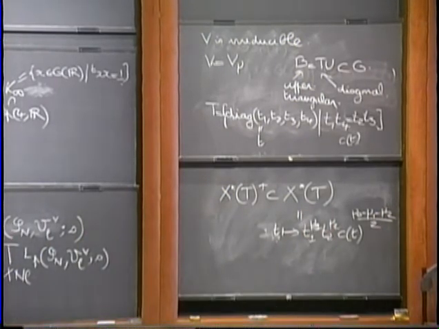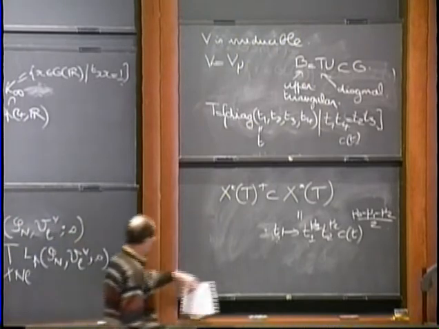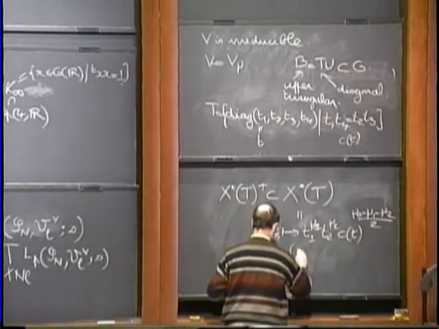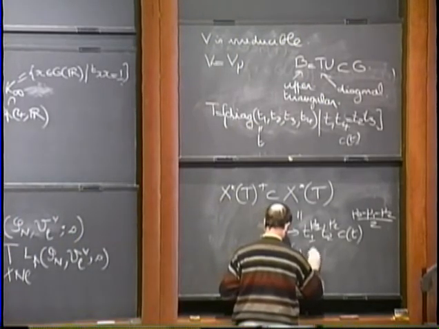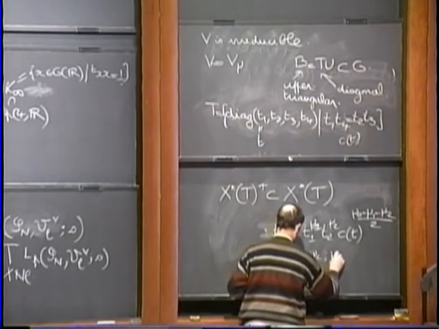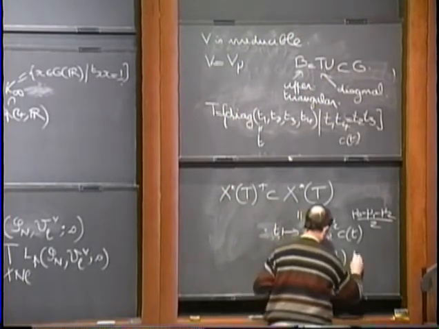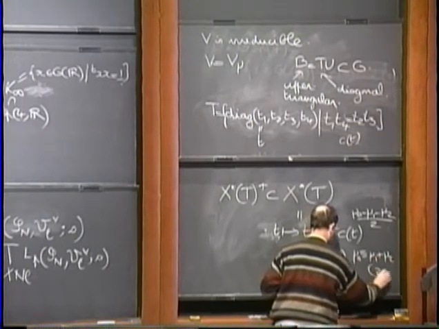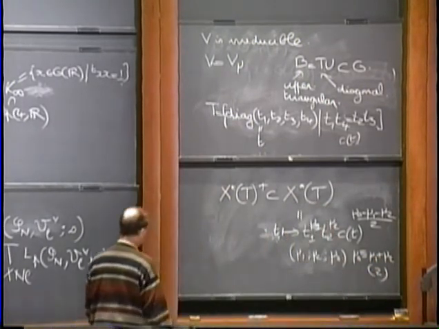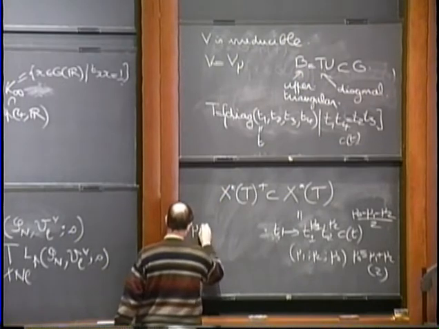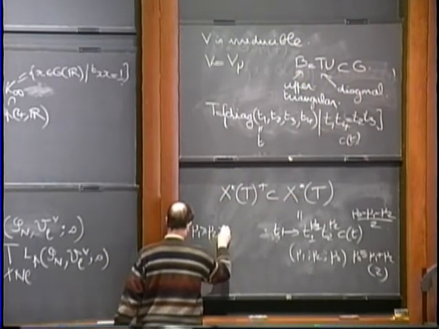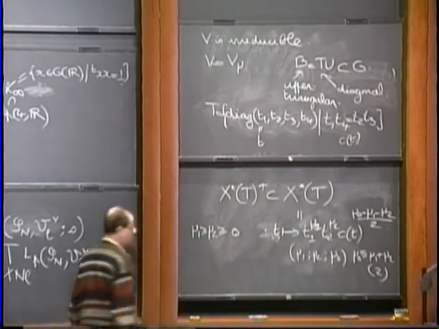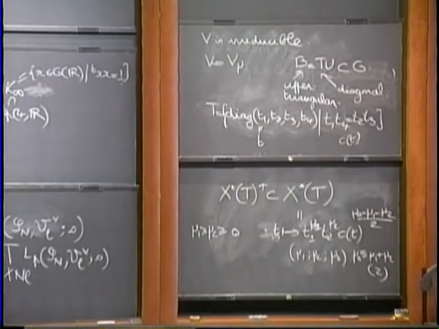This is the way you parameterize the character. So you have integers mu1, mu2, mu0, such that mu0 is congruent to mu1 plus mu2 mod 2. And then the dominant weights are given by the condition mu1 bigger than mu2 bigger than 0.